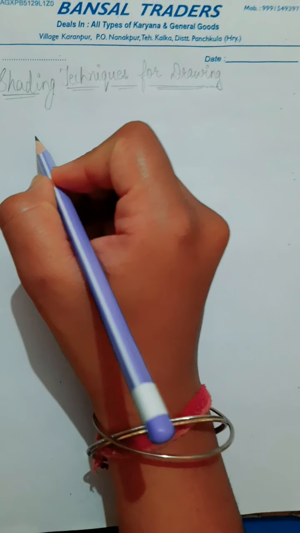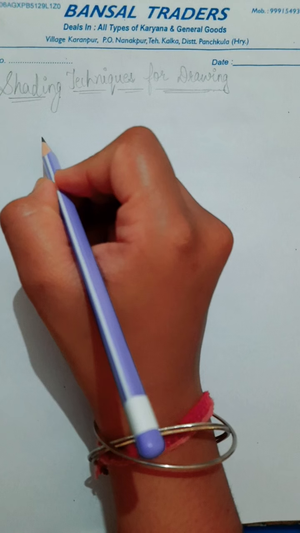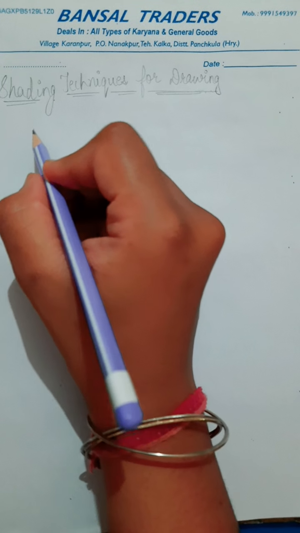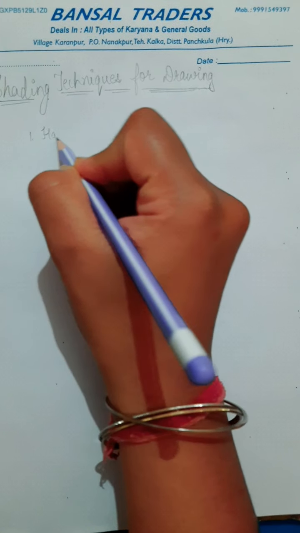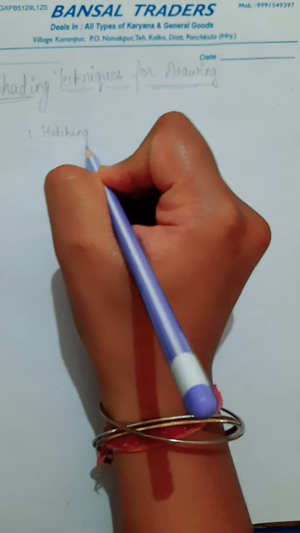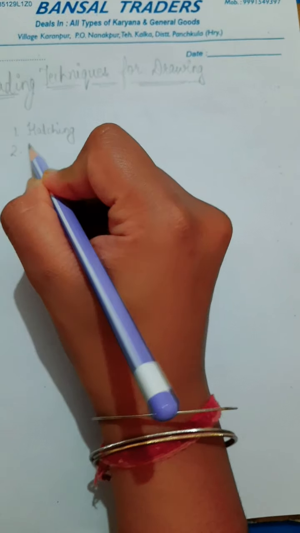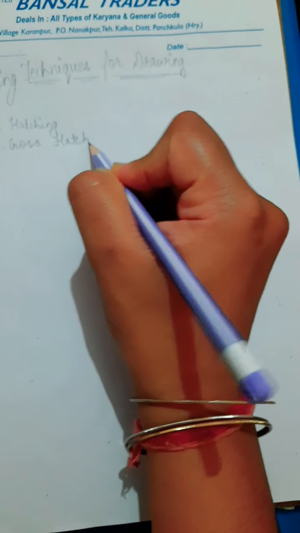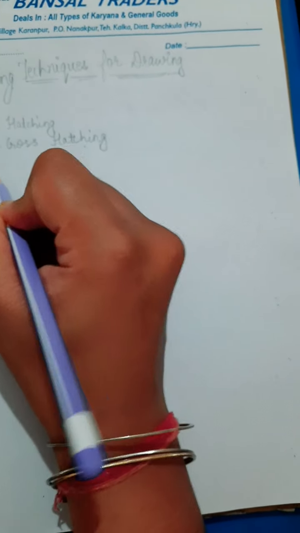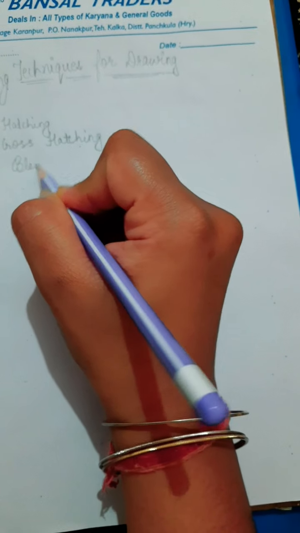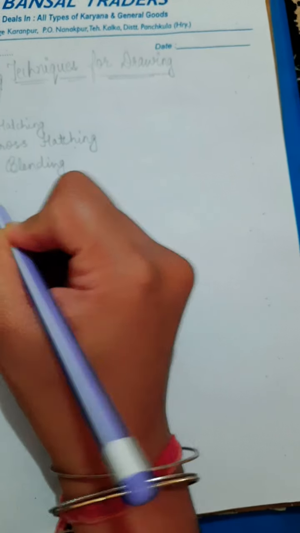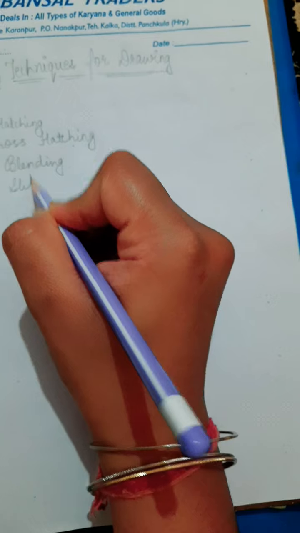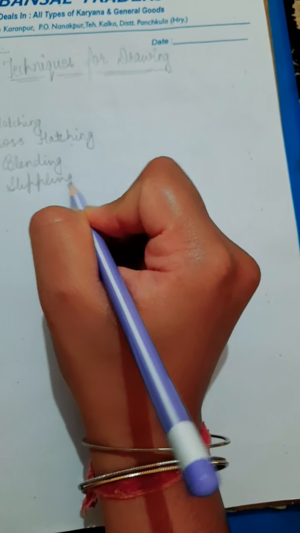I have already taught you in the previous class that the most important techniques are first hatching, second cross hatching, third blending, and fourth stippling. We will discuss them one by one.